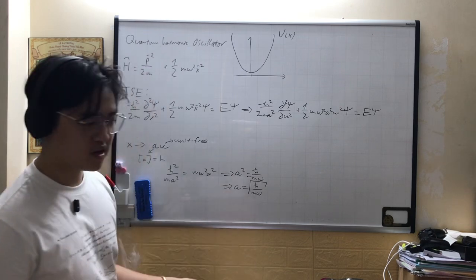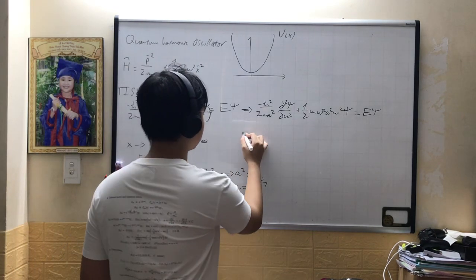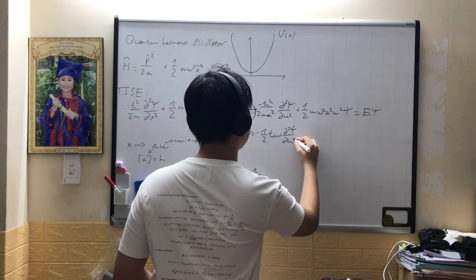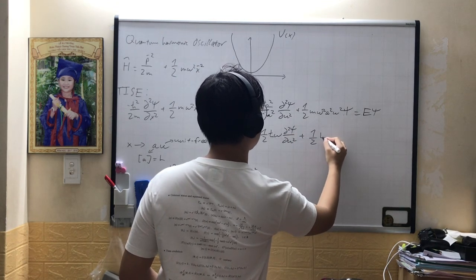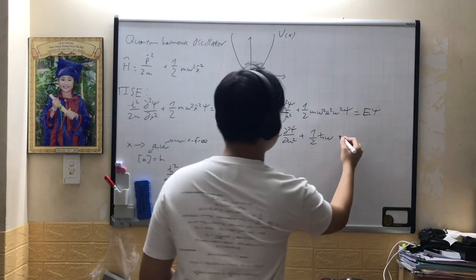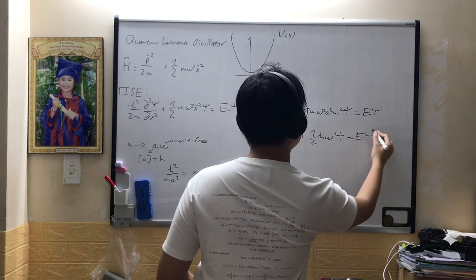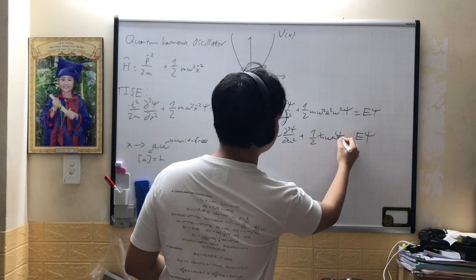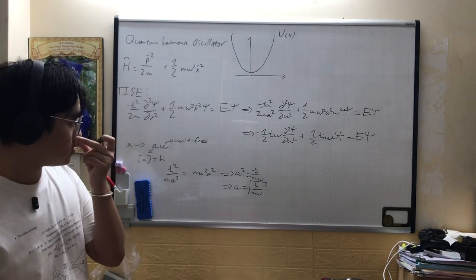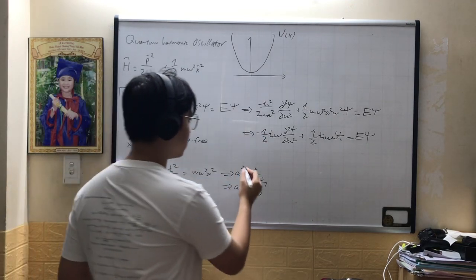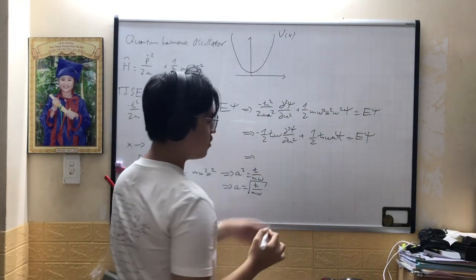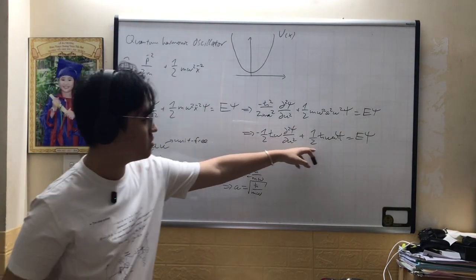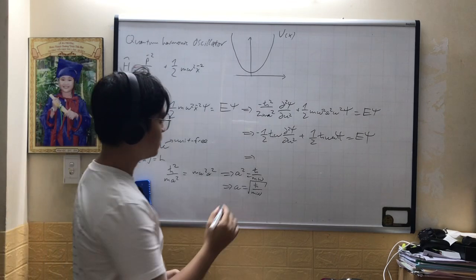Now we sub our a in to get that. I forgot the u squared there. So you sub it back, you can cancel these two, not really cancel, but you isolate the psi term.